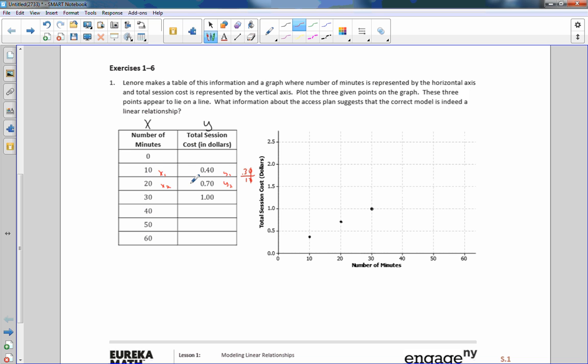Here's 10 more minutes, add 30, 70 cents. 10 more minutes, add 30 cents, $1. So there is a constant change from here to here of 30 cents. There's a constant change here of 30 cents. Okay, so that is the reason. So the amount of change for the minutes connected is based upon a constant usage rate in dollars per minute, and that is 0.3, 30 cents per 10 minutes, or 3 cents per minute.